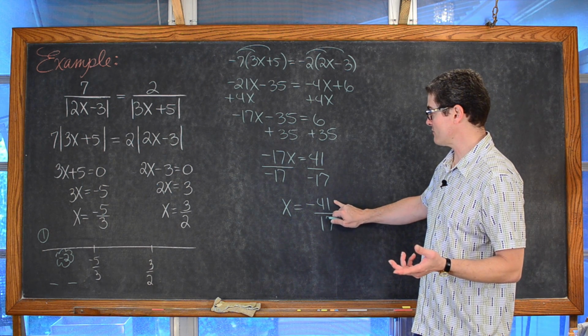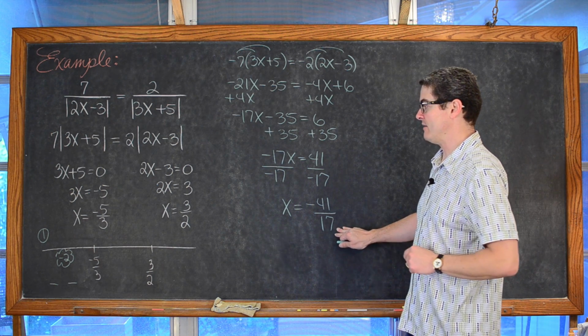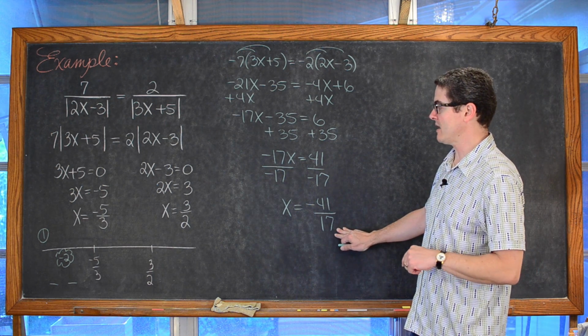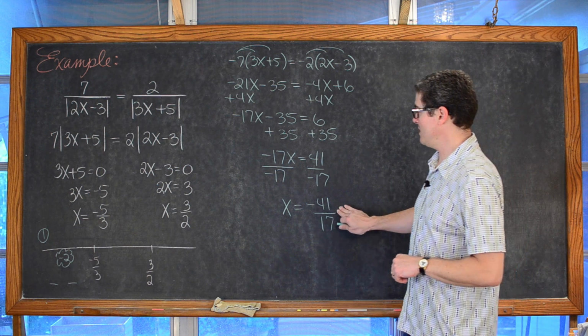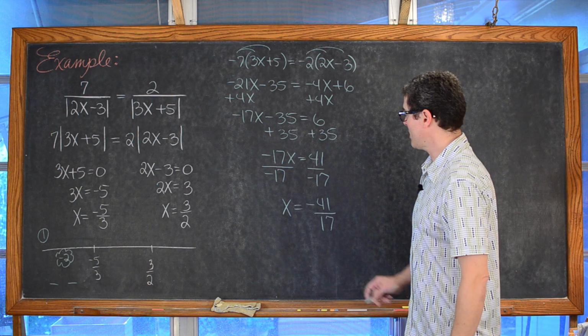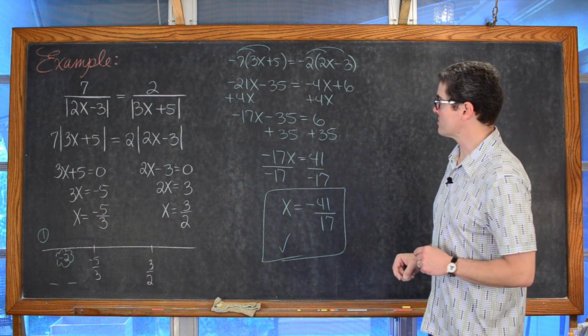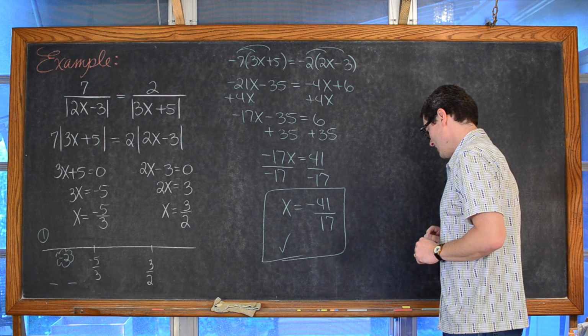And 34 is less than 41. So this is to the left. This is less than -5/3. Indeed, it's actually less than -2. So this is within this restriction or this interval in our number line, and so that is one of our solutions.